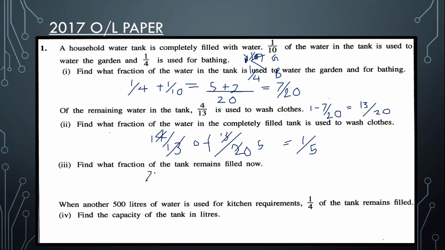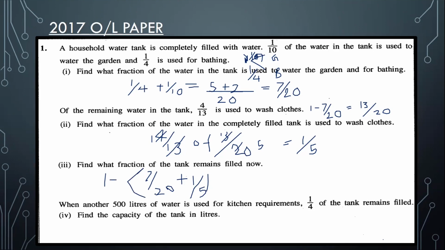You can add 7/20 and 1/5, because that is the amount of water you have used, right? And you can subtract this from 1. So that means you are going to get the answer.